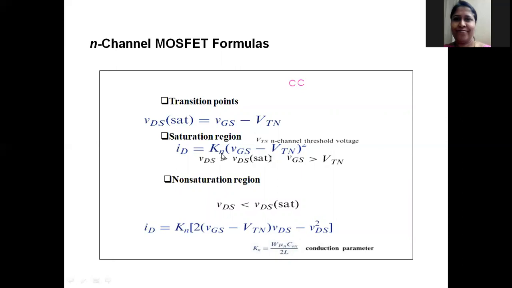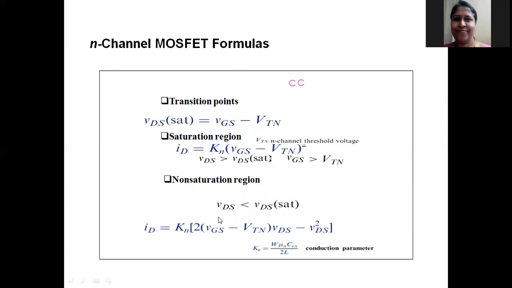Here they have shown it in terms of Kn. If we recollect, ID is equal to some constant into VGS minus VT whole square. In the non-saturation region, ID is given by some constant times VGS minus VT into VDS minus VDS square.